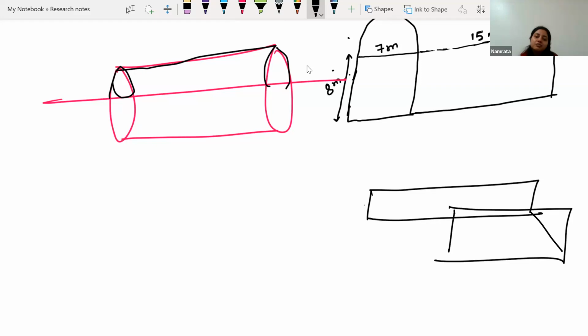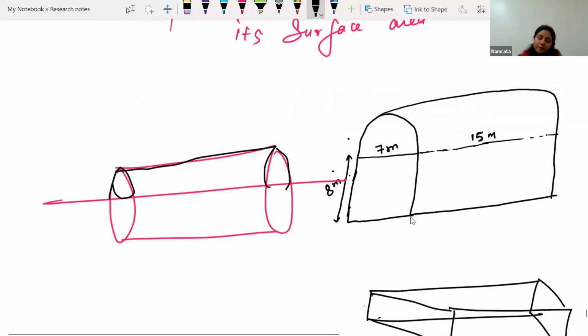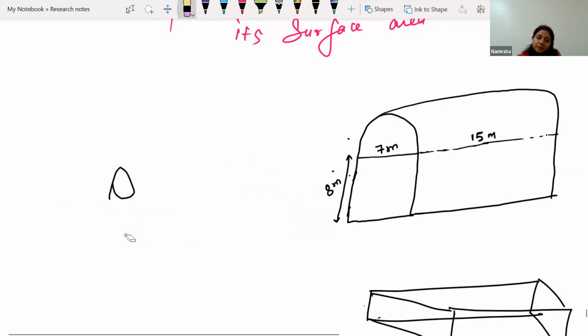We have to find the total volume, so the volume of the cuboid plus the volume of the cylinder. What is the formula for the volume of the cuboid?